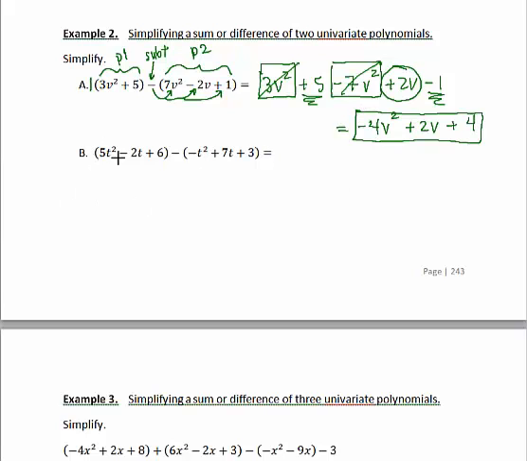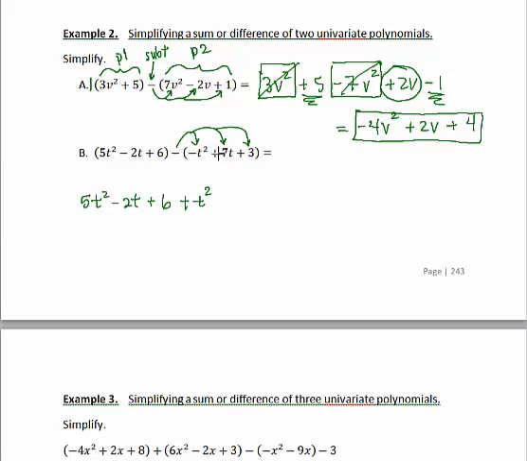Alright, the first set of parentheses in part B has a plus 1 in front of them, so we can simply drop the parentheses, and then we'll distribute the negative in order to drop the second set of parentheses. A minus minus 1 would be a plus t squared.